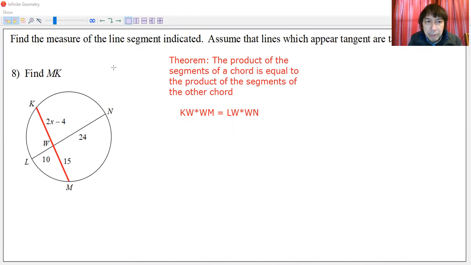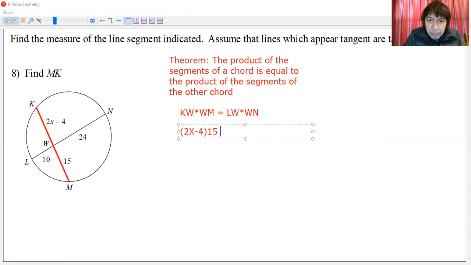Segment KW times segment WM is equal to segment LW times segment WN. So our equation will be KW, that will be expressed 2x minus 4. So this is 2x minus 4 times 15.